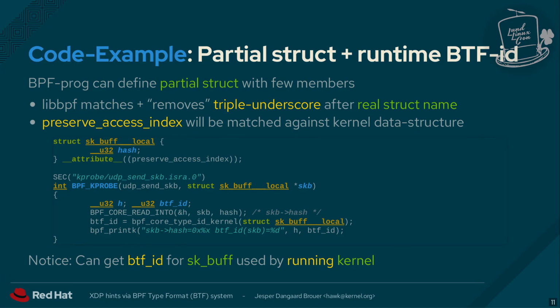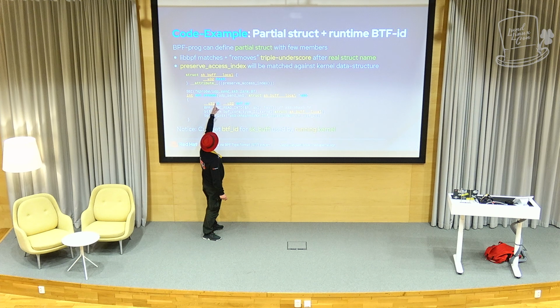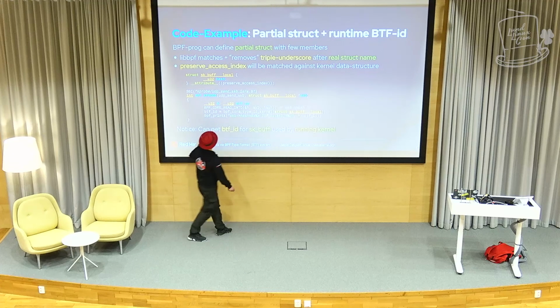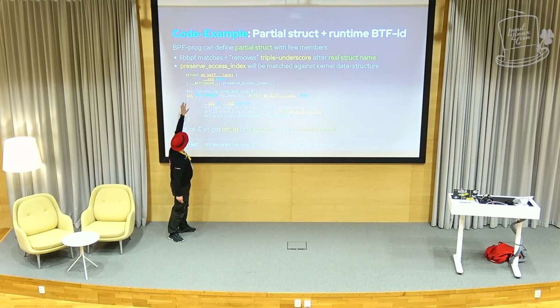So we can actually define a struct over here with only a few members. It's a little bit difficult to see on the slide, but there's the local struct and the sk_buff, and I only define the one element I'm interested in, the hash, and I put this strange attribute, preserve_access_index, in my BPF program.